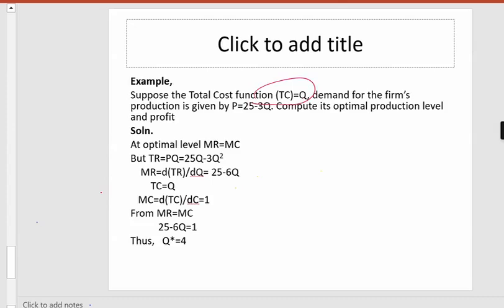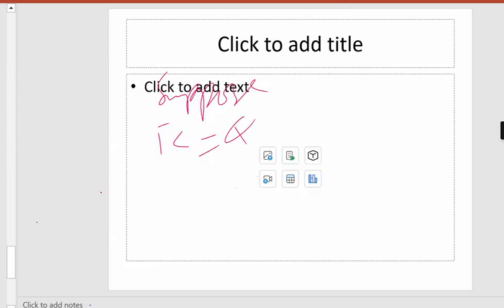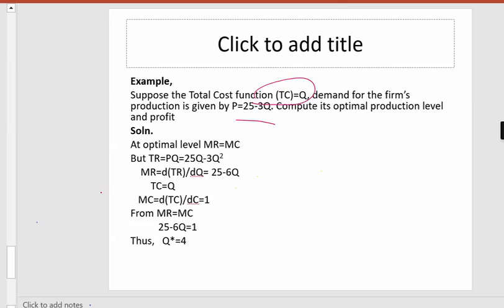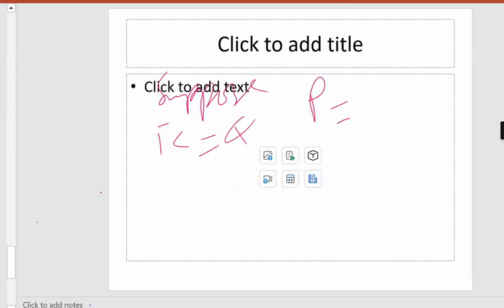The demand for FM production is given by what? Amekwambia demand ya mauzo yake P is what? 25 minus 3Q. 25 minus 3 what? This is a demand function of the firm.